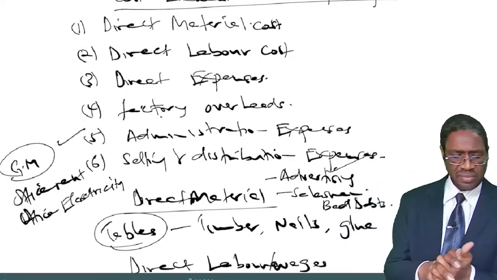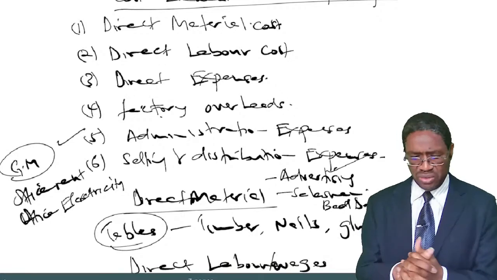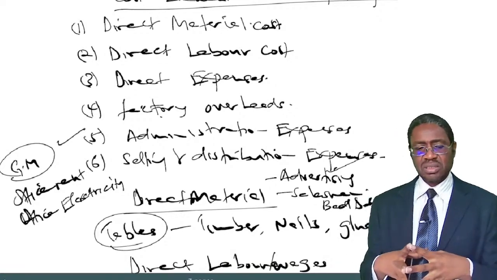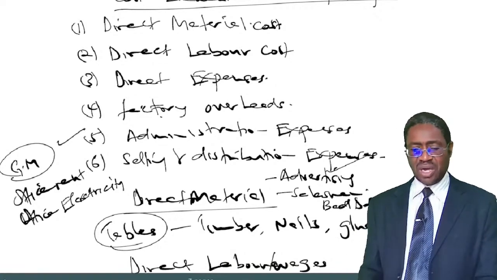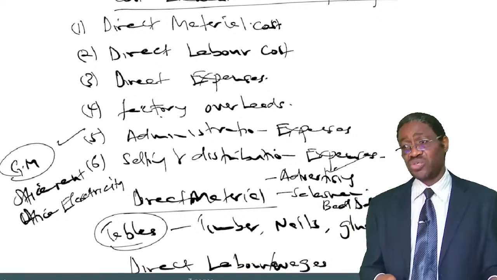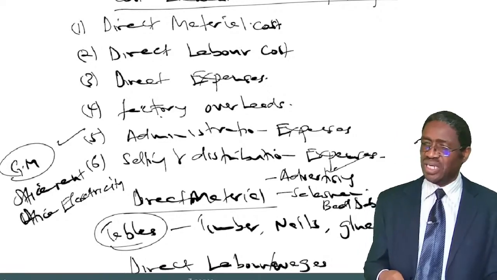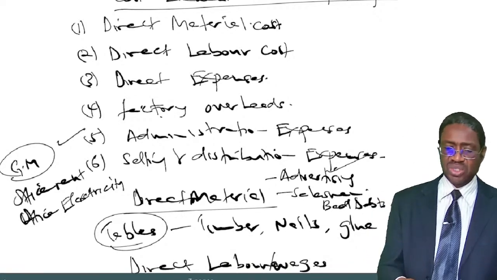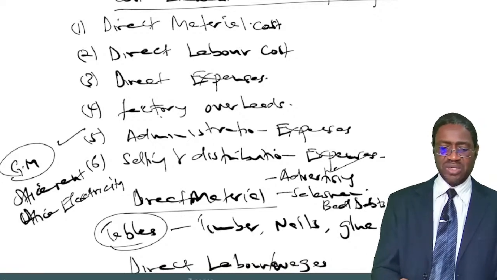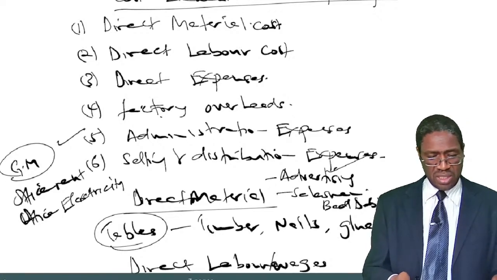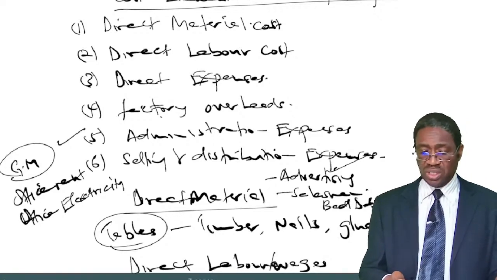Then you say this: these are cost of materials which are used directly in the manufacture of a product.